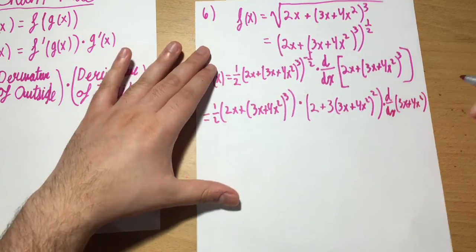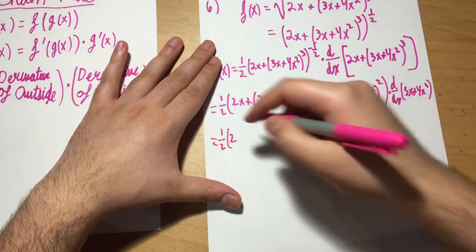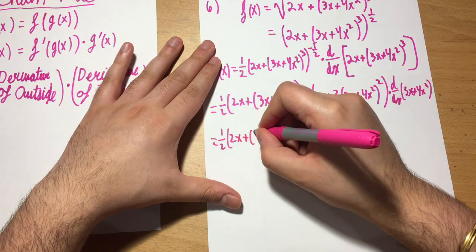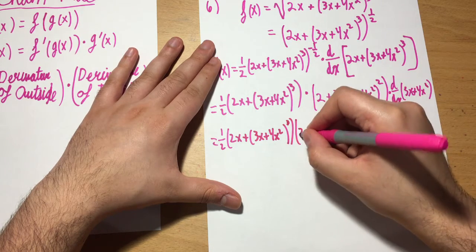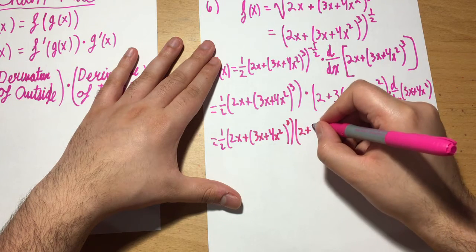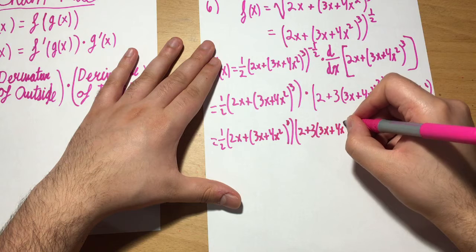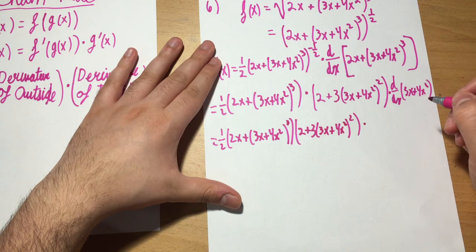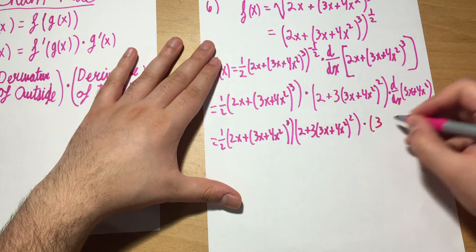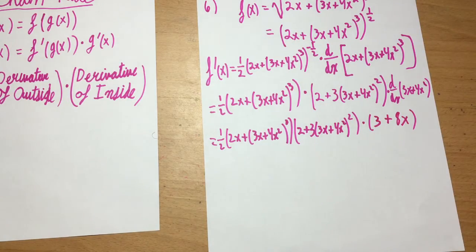Okay, and our last thing, 1/2, like everything gets brought down and we just have one more derivative to compute. 2x plus 3x plus 4x squared to the third, then multiplied by 2 plus 3 times 3x plus 4x to the second, all raised to the second. And then finally, this should be multiplied by the derivative of 3x plus 4x squared, which is 3 plus 8x. All right, and that should be it for that example.